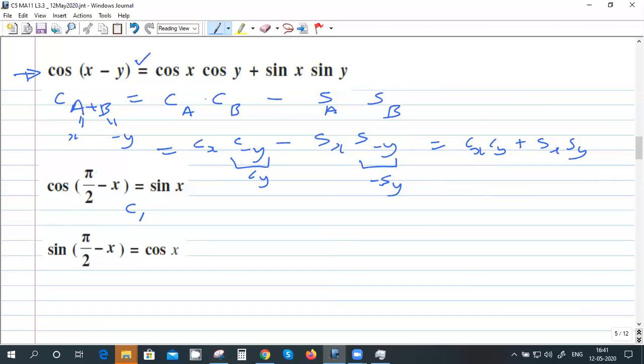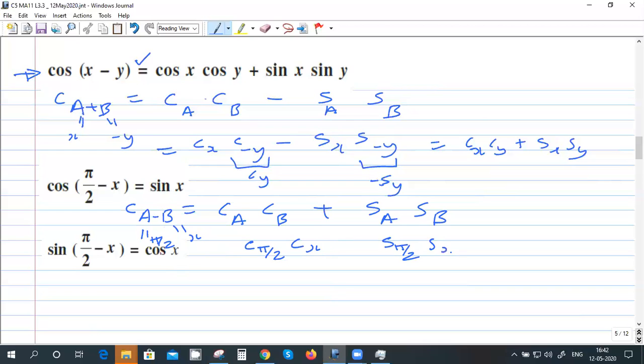To avoid confusion, write the formula for cos a minus b. The structure is cos cos plus sin sin, and the angles are a, b, a, b. This is how to remember the formula. In a minus b, there will be plus. So here put a equal to pi by 2 and b as x. So this will become cos pi by 2 cos x and then sin pi by 2 sin x.